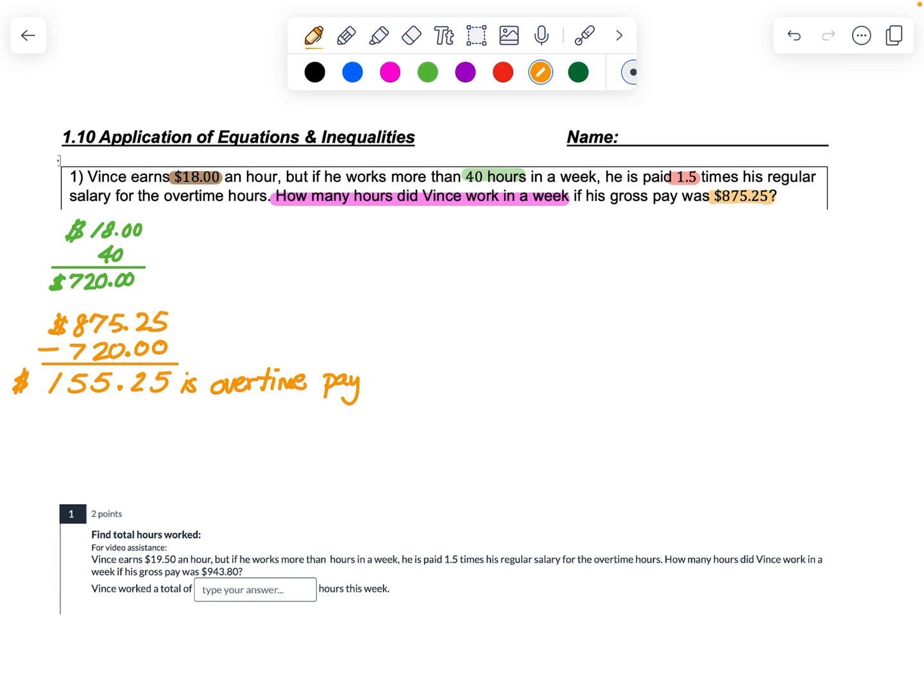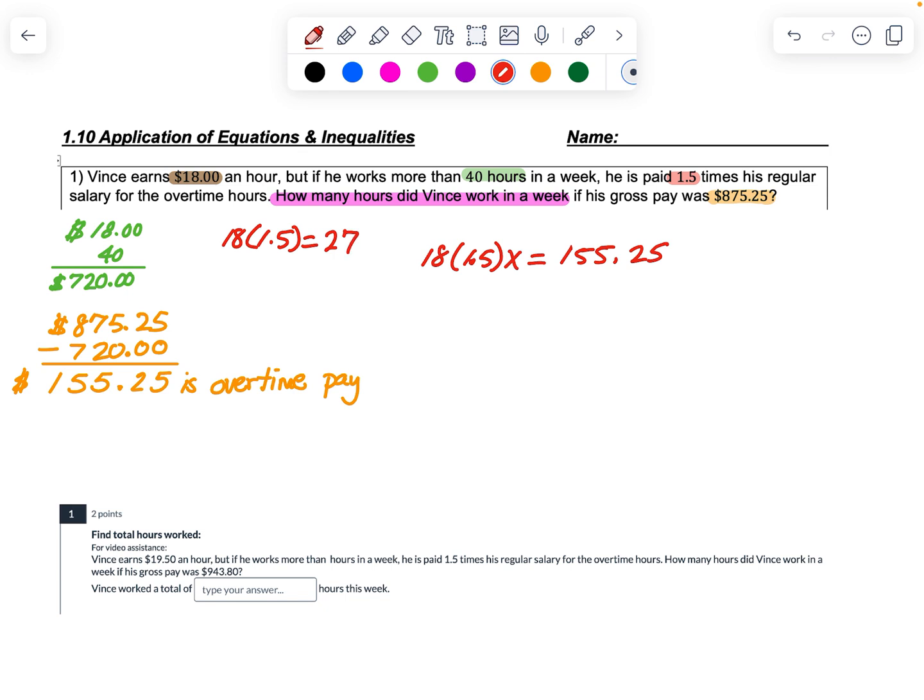So we're going to take 18 times 1.5x is going to equal $155.25. Or if you don't want to do it that way, you could take 18 times 1.5 and you're going to get 27.